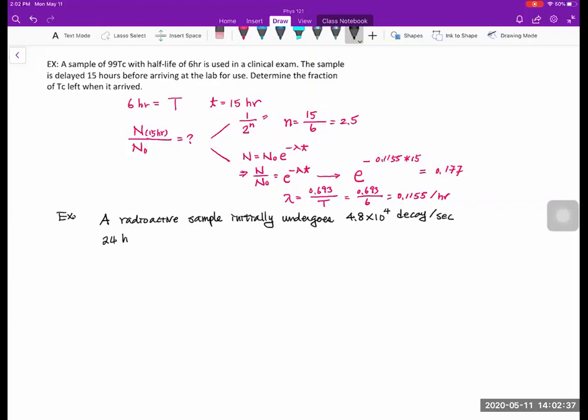And 24 hours later, the decay rate changed to this number. And we want to find the half-life of this material.